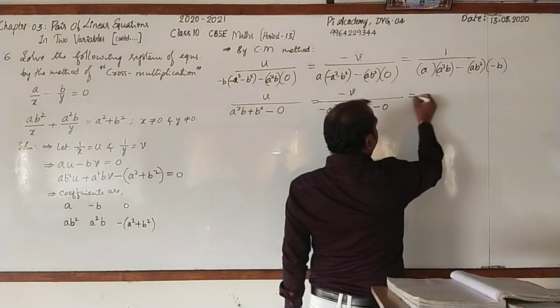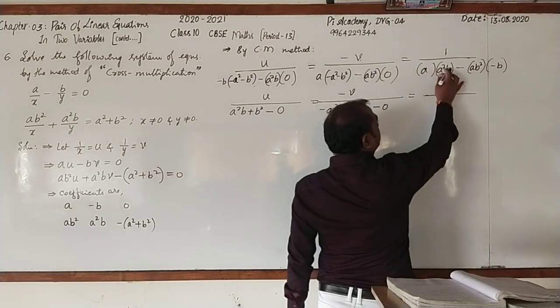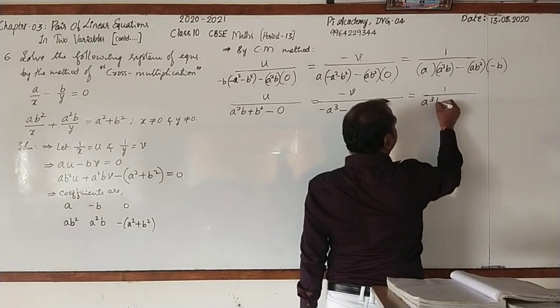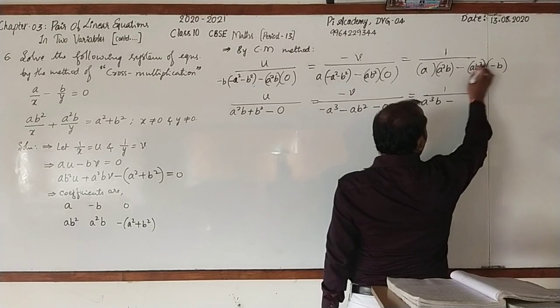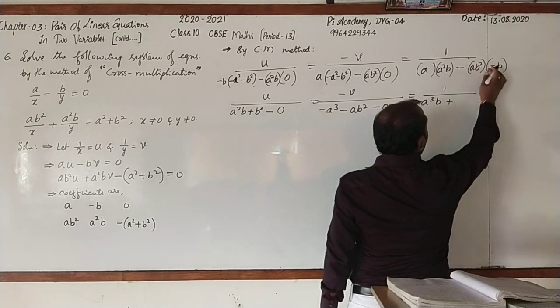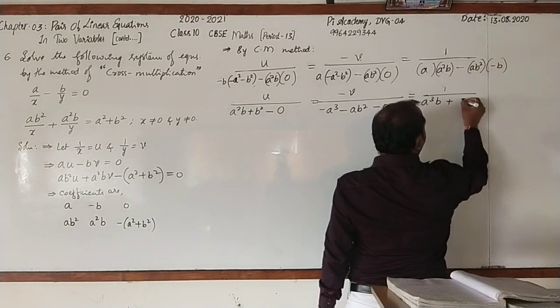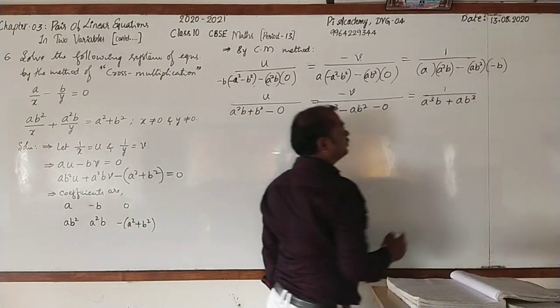It is equal to 1 by a into a square b, it is a cube b. Then minus into minus plus a into b square into b, ab cube.